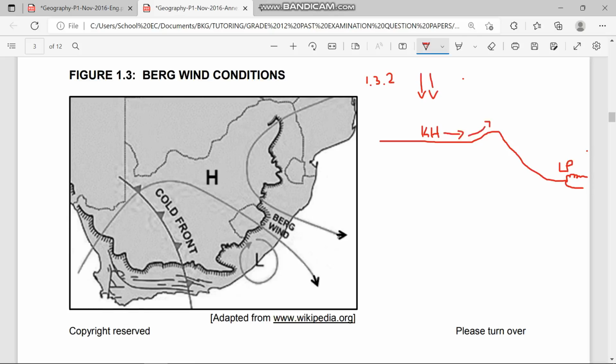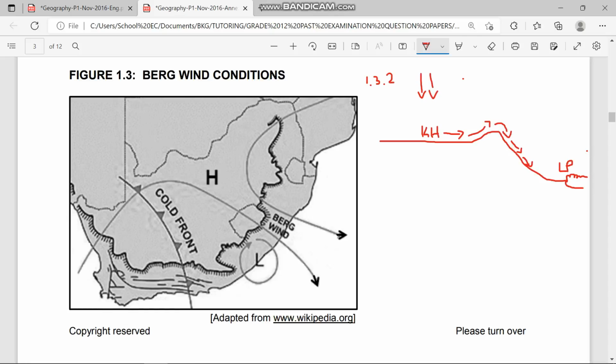That subsiding air then moves eastwards from places like Gauteng, the interior areas like Free State and so on, and the Northern Cape. So it moves downwards from these places in the interior of South Africa, the continental areas, going down to coastal areas like Durban, East London, PE and so on.